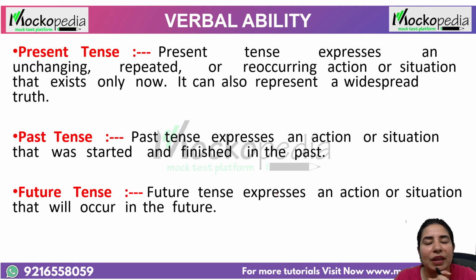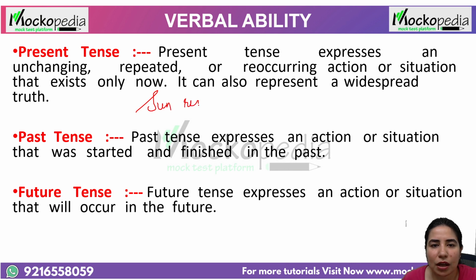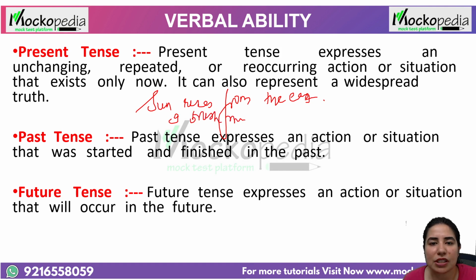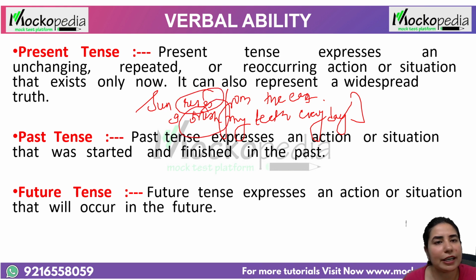So, something which is unchanging would be, if I give you this example, sun rises from the east. So, this cannot change, right? Or recurring, I brush my teeth every day. So this is an action that I'm doing on regular basis. So what are the tenses that we are using here? Both the tenses that I've used would be the present tense.